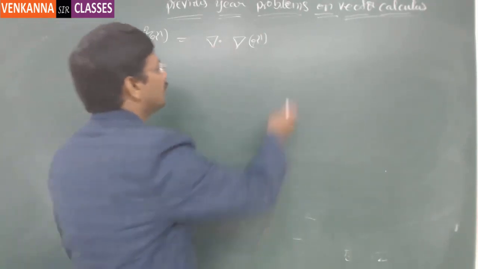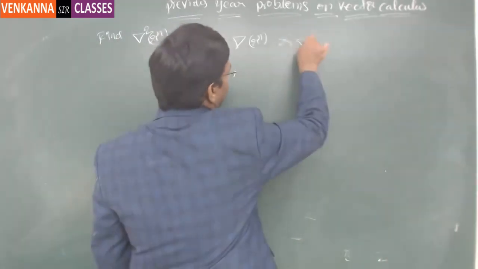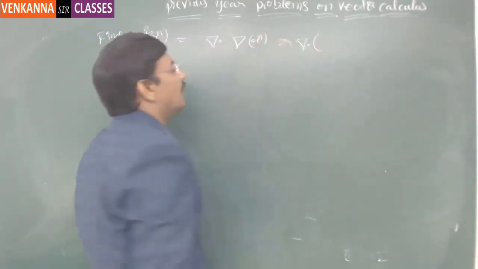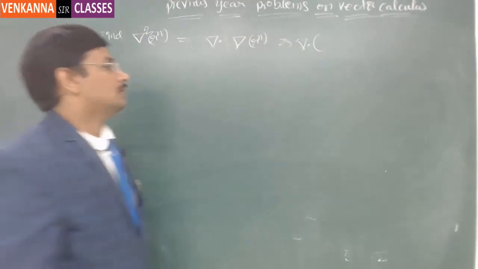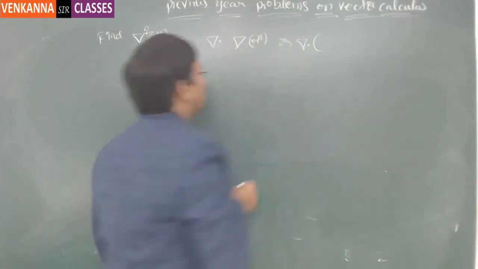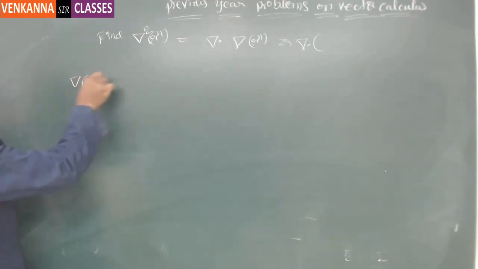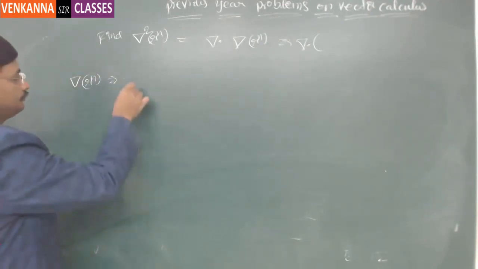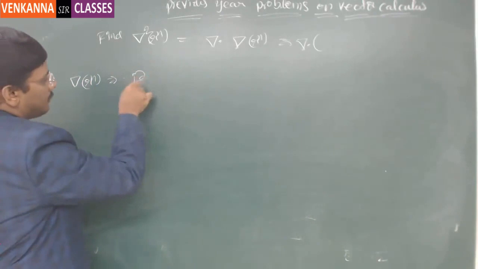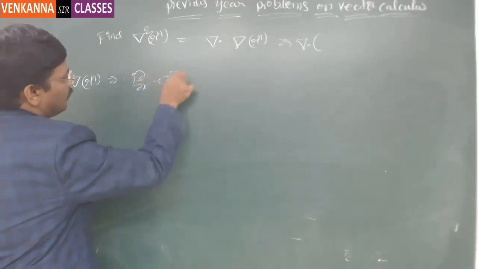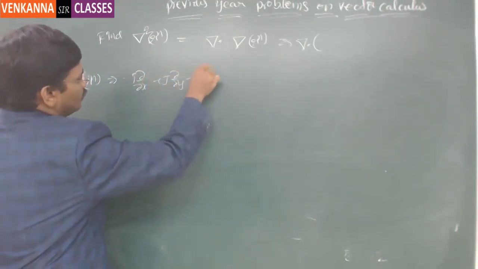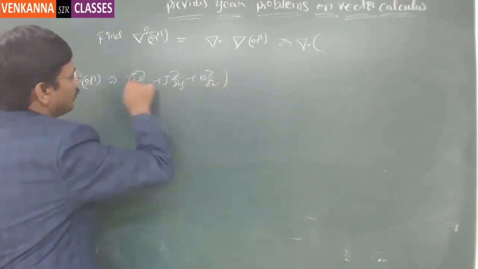So this can be written as del dot del of r power n. So del of r power n is nothing but, I'll just write it here. Del of r power n is equal to i ∂/∂x plus j ∂/∂y plus k ∂/∂z operated on r power n.